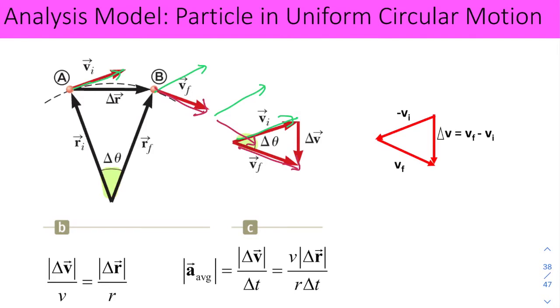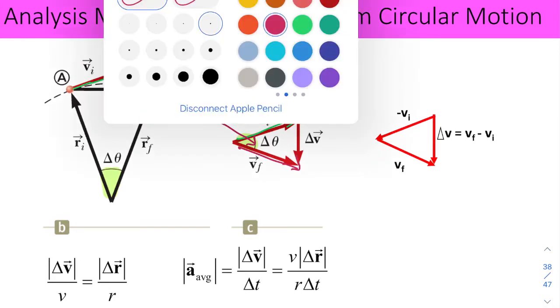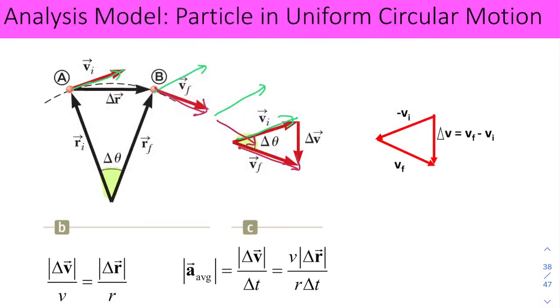So what is the purpose actually when we do this? We are trying to figure out, in terms of vector drawing technique, the delta v, since our interest is in delta v. So you have v initial in this direction and v final in this direction.